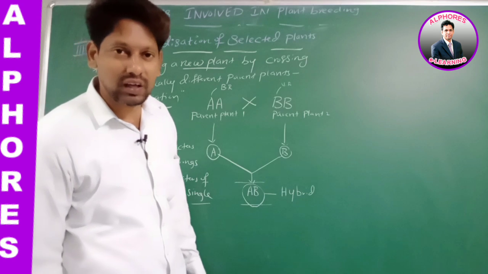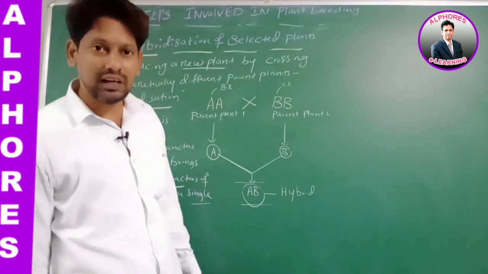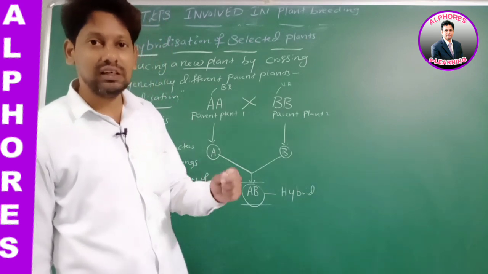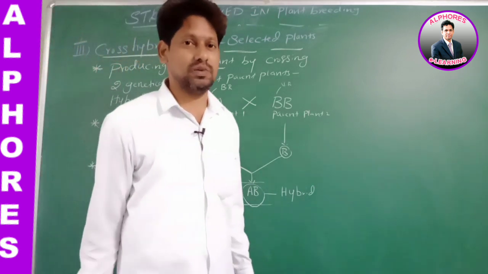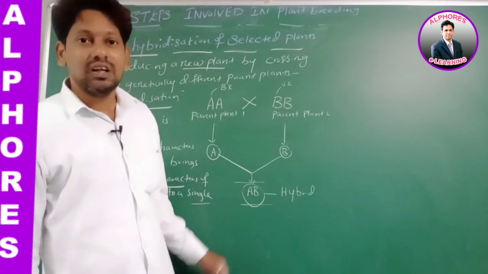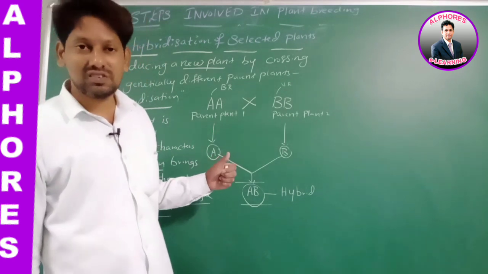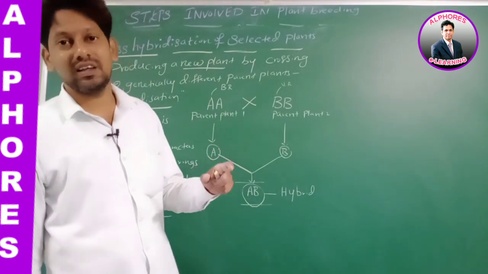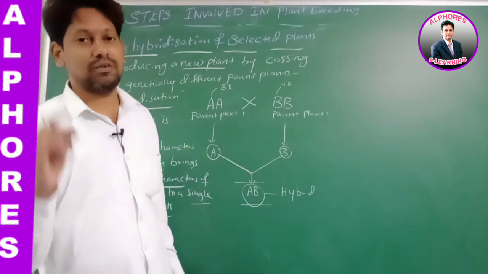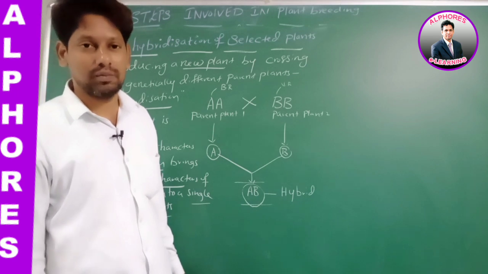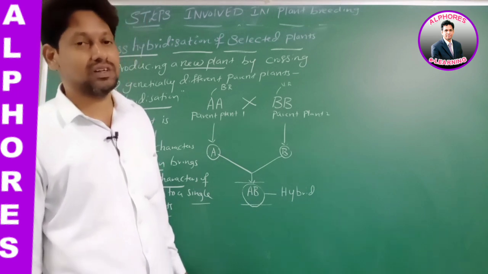Is this statement okay? In first year, we read hybridization in detail. I am not speaking about chemistry hybridization, sp, sp2, sp3. What is the first step? Selection of parents. The second step? Emasculation. The third step?